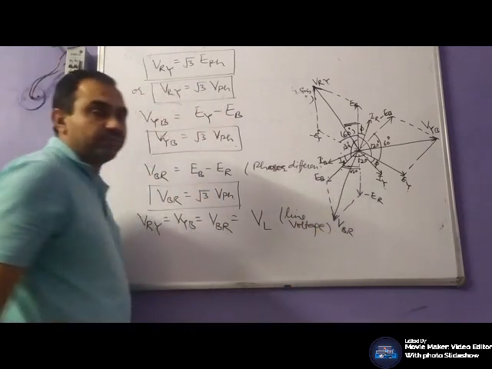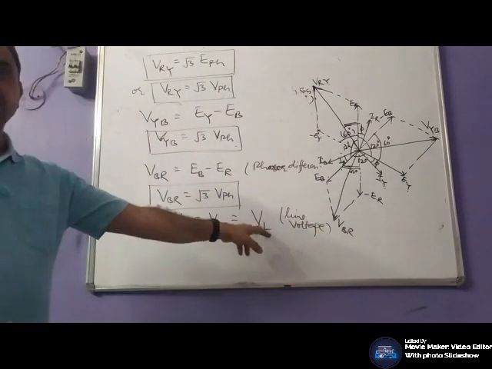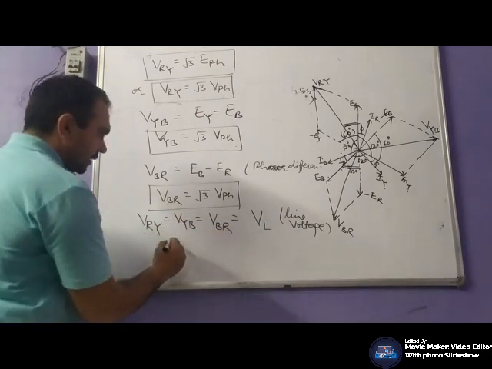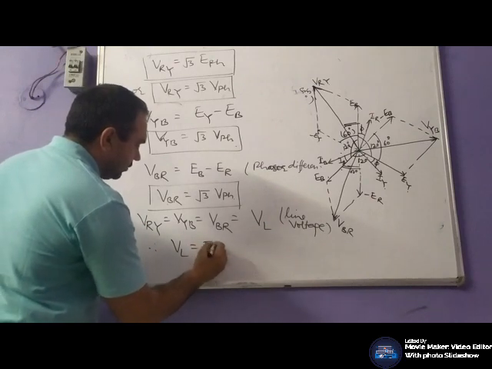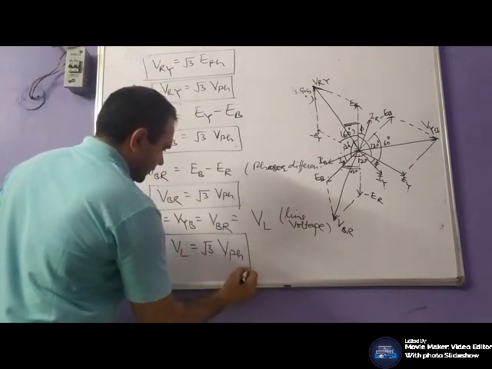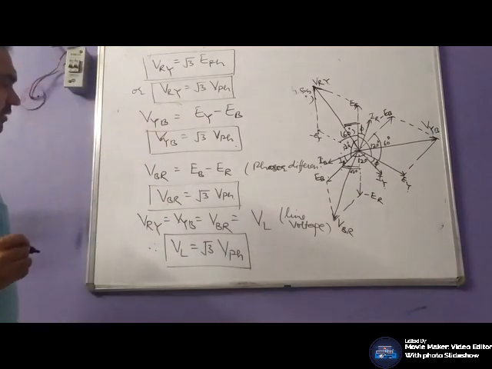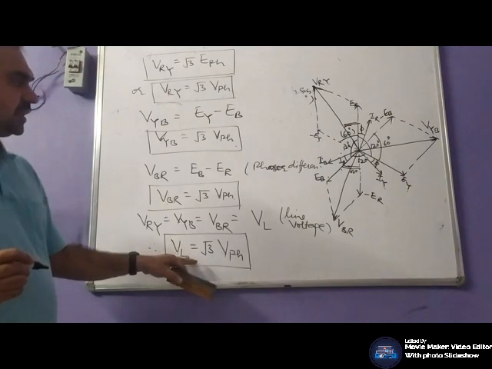The voltage between two lines is your line voltage. Therefore, your VL would be root 3 of V phase. So this is the relationship between phase voltage and line voltage.